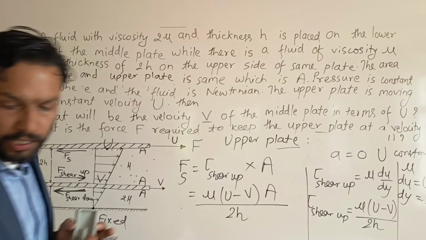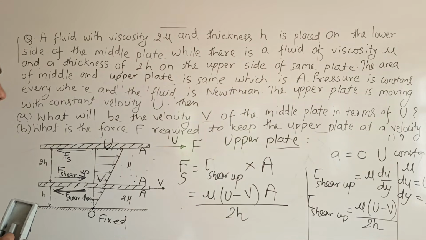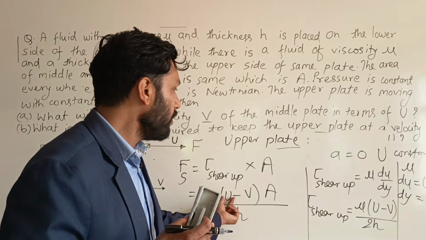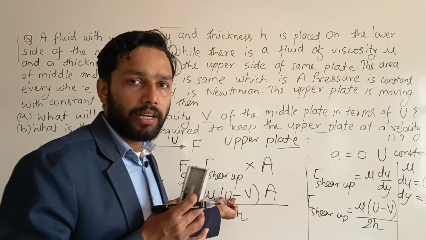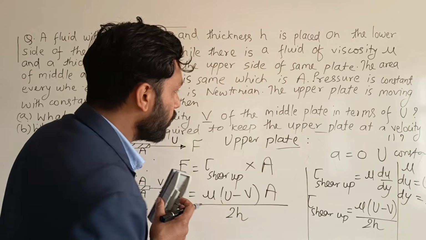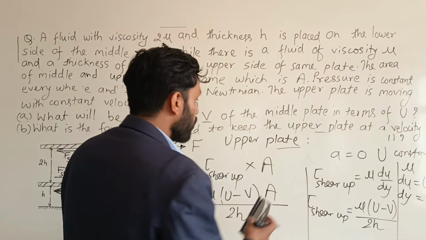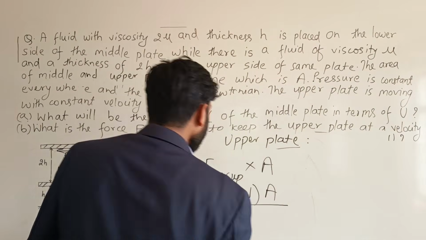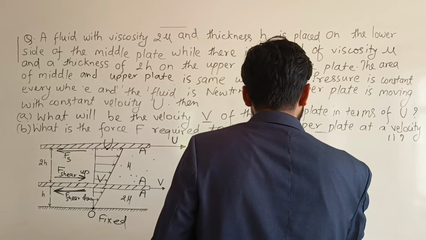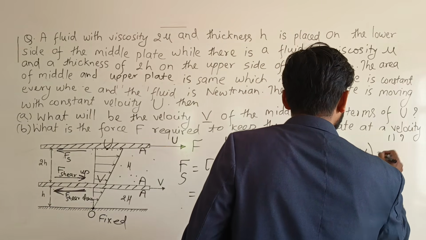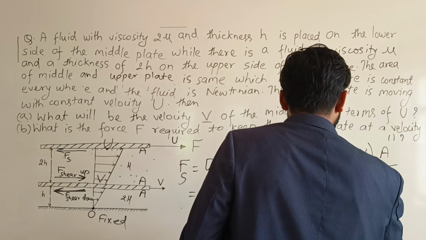Now substitute the value of u. We have got u is equal to 5v. Let's substitute u is equal to 5v to get the final expression of the force. So Fs is equal to mu into (5v minus v) into A divided by 2h.